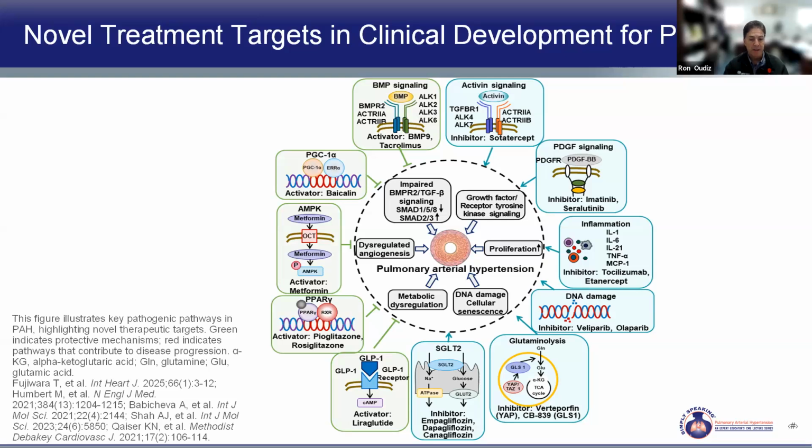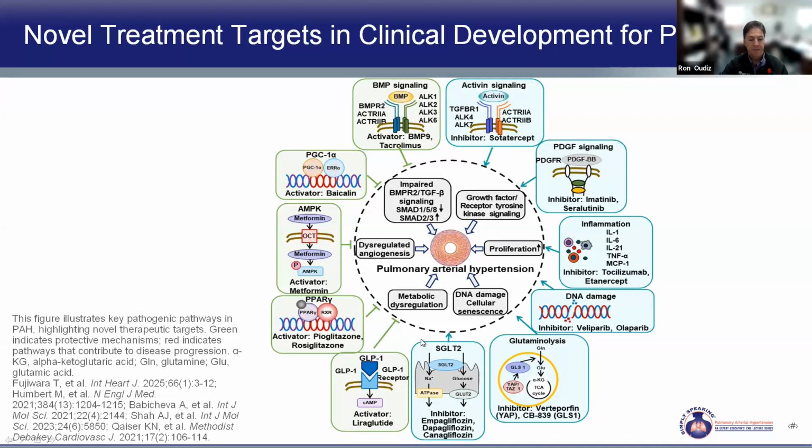This is a microcosm, if you will, of what is perceived to be a large cauldron of targets and mediators that contribute to the development of pulmonary vascular disease. Some of the common ones we're aware of include BMP signaling, activin signaling, PDGF as well, inflammation, DNA damage.